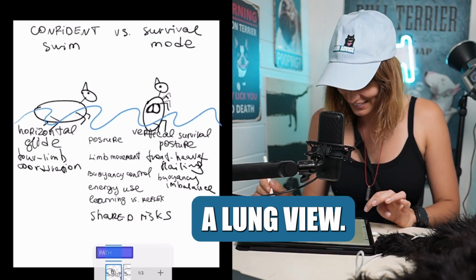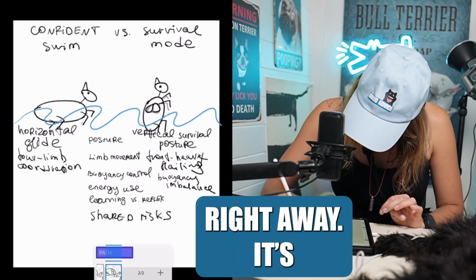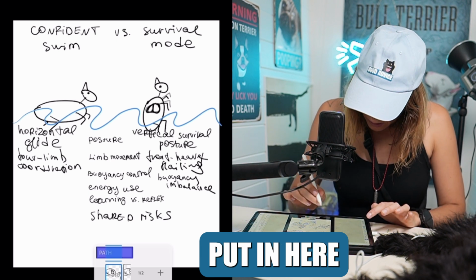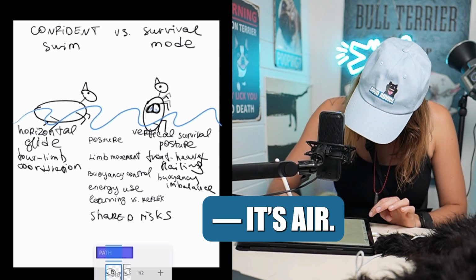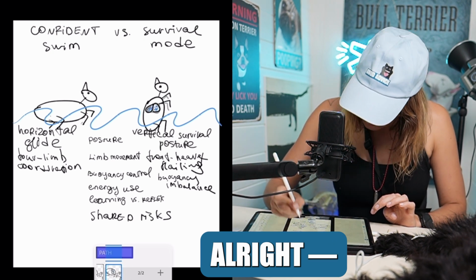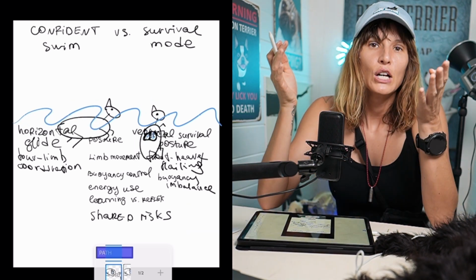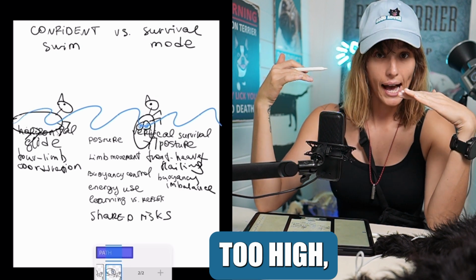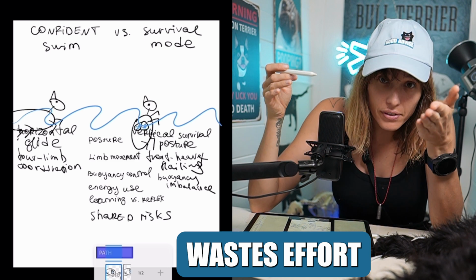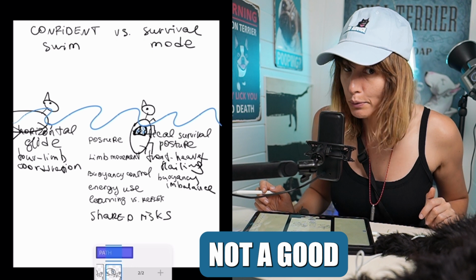Does this look like a lung to you? Oh, I should have drawn them right away. It's okay. All right, so now we're gonna put air here. It's air. All right, so that's air in the lungs. So if the dog lifts its head too high, the imbalance actually worsens and the dog wastes effort just to avoid tipping backward. Not a good posture.